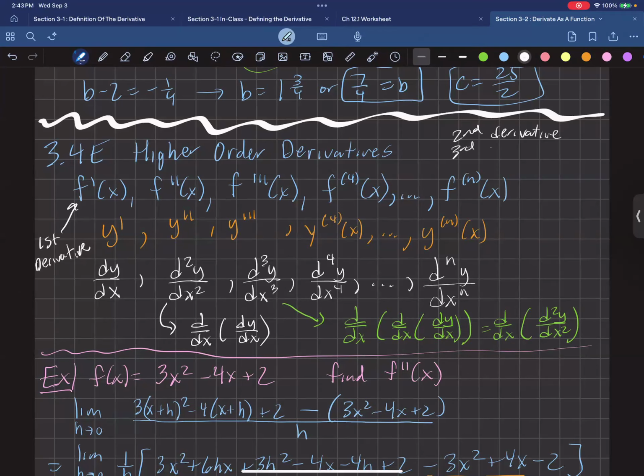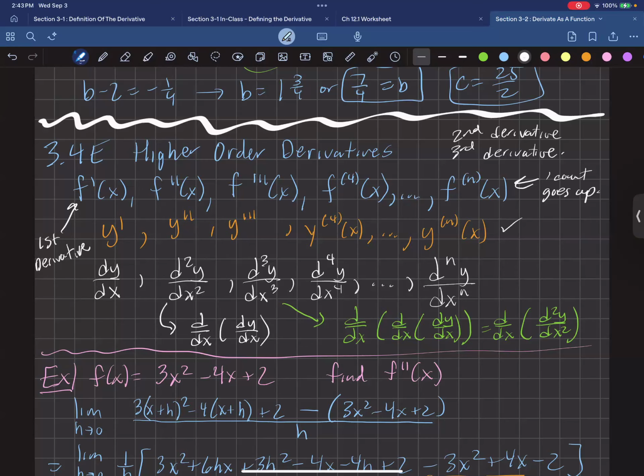It's when we keep taking the derivative over and over again. The notation here is that we keep raising the apostrophe count. But when you get to 4, you start putting it in parentheses, 4 and higher. We don't do four slashes because it starts to get unreasonable.